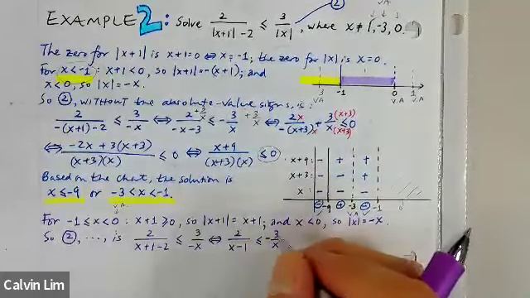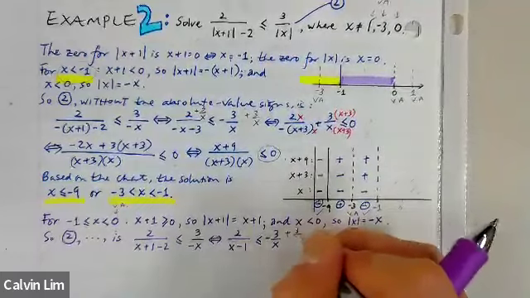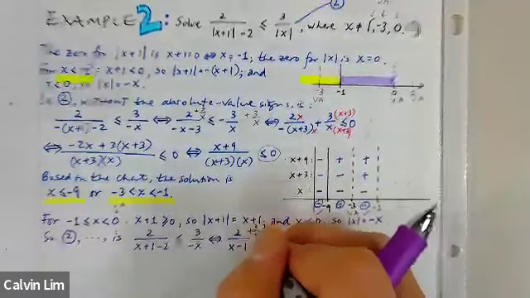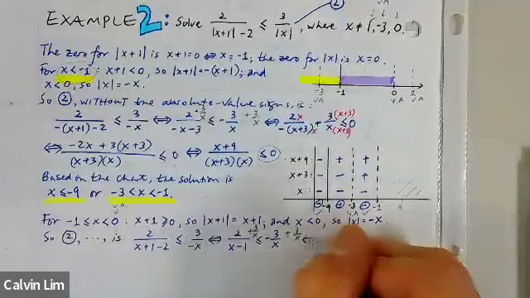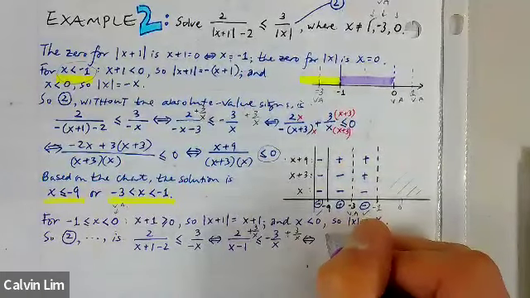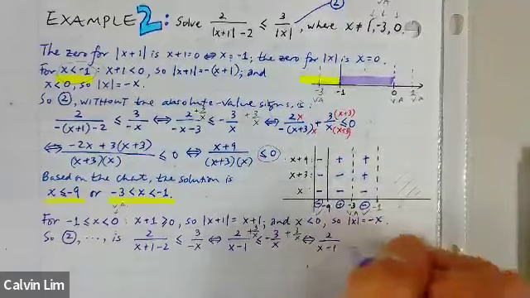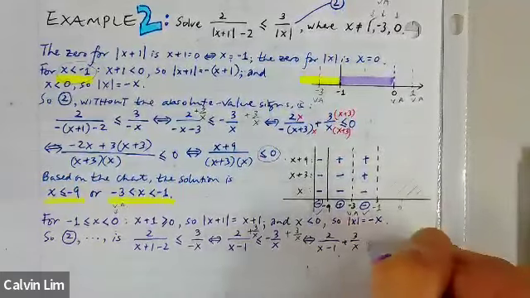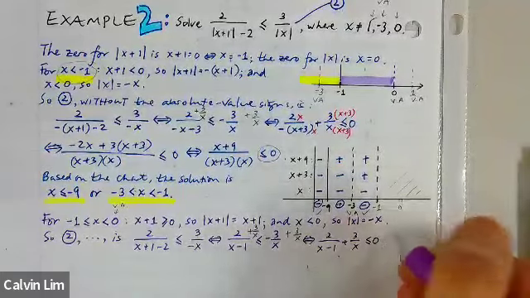Now to make the right side 0, all I need is to add 3 over x to both sides. So I have 2 over x minus 1 plus 3 over x is less than or equal to 0.